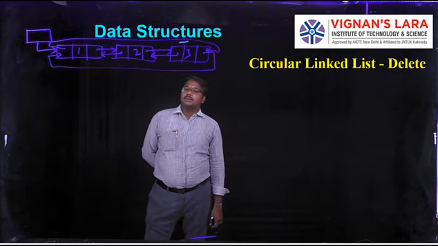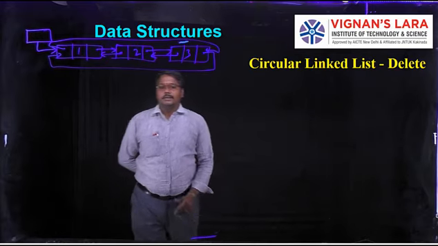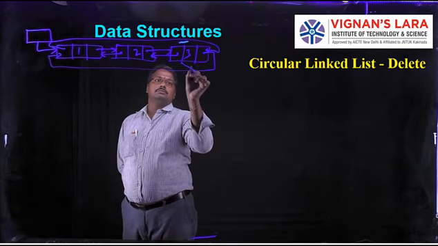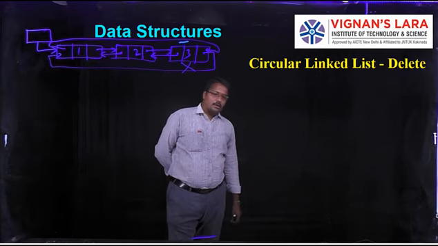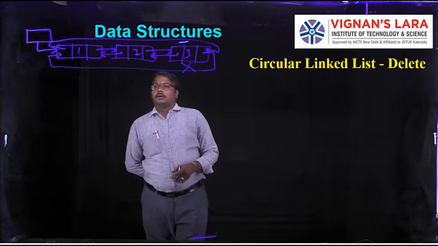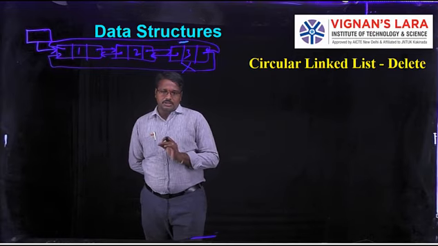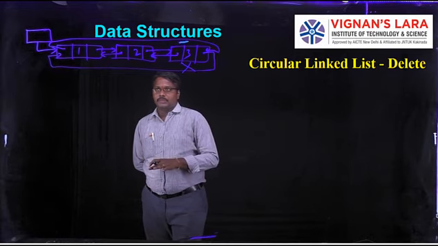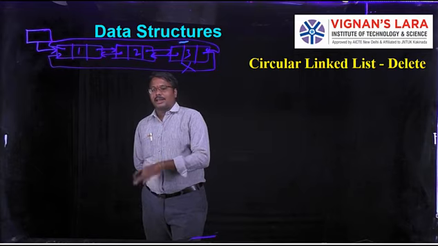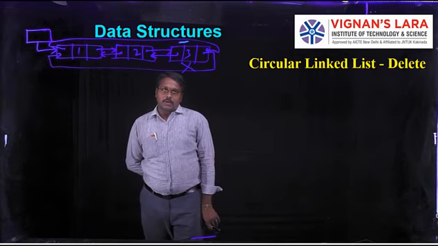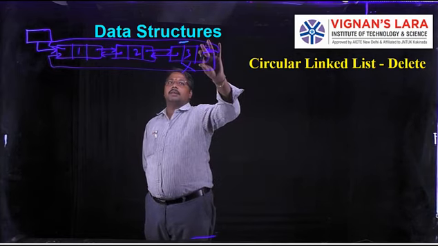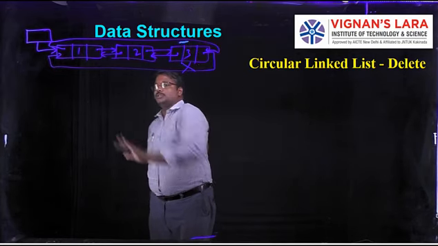So whenever we want to delete the last node, one simple logic is that delete at given position operation is the same for double linked list as well as circular double linked list. That doesn't change. Why? Because here the changes are applied at the last position and first position.